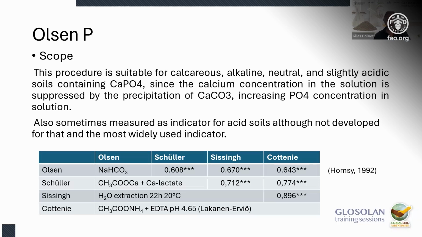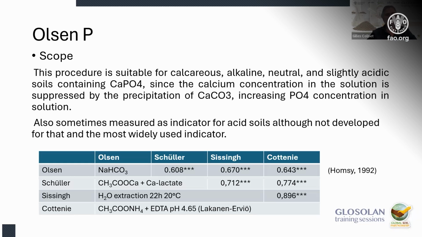It's the Olsen. And we were speaking about transfer functions from one method to another one. Here we had a former PhD student who a long time ago did a comparison of the extractants.